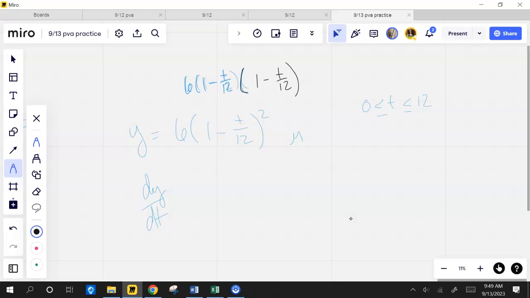Right? I'm going to need to FOIL this out so that I can actually take the derivative. So 6 times... I'm not sure what you're asking me, to be honest.